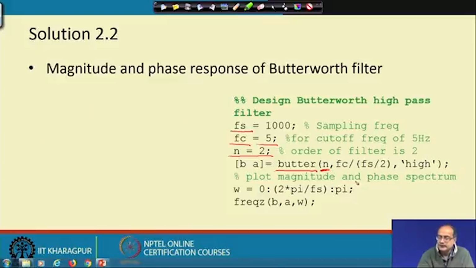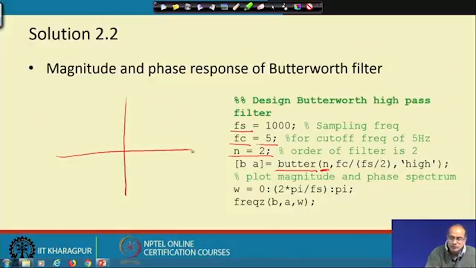Next is the normalized cutoff frequency. If we look at the spectrum of a real signal, the spectrum would be symmetric, and if we normalize the frequency, it would vary from 0 to 0.5, and on the left side it would go from minus 0.5.